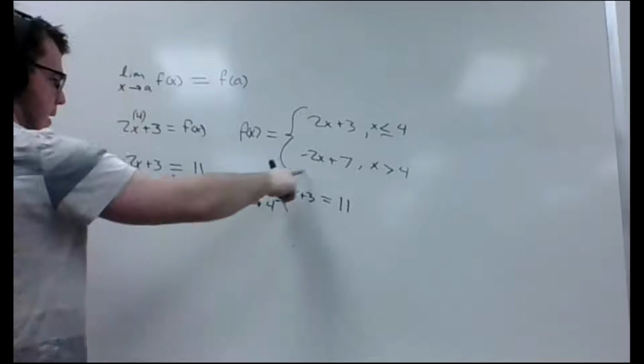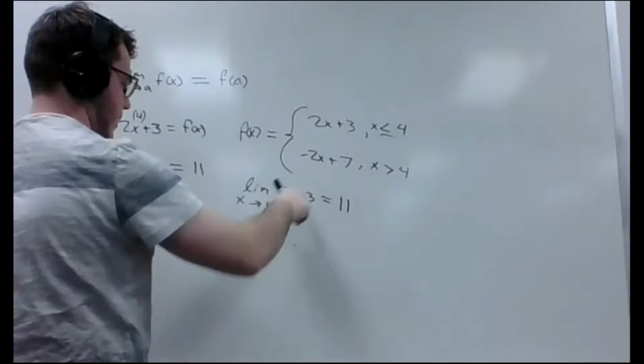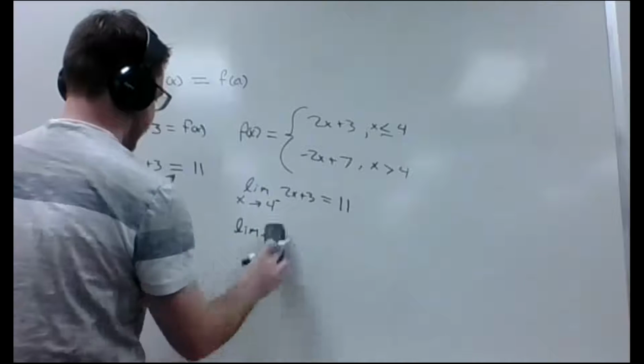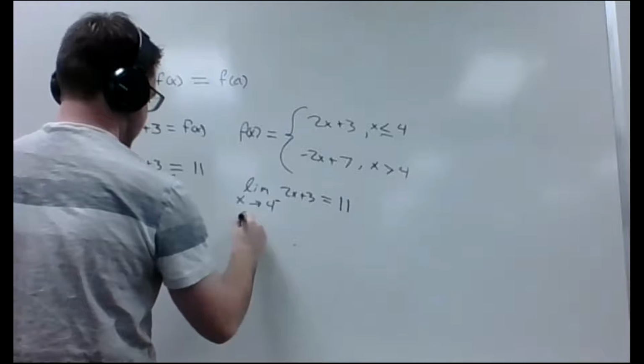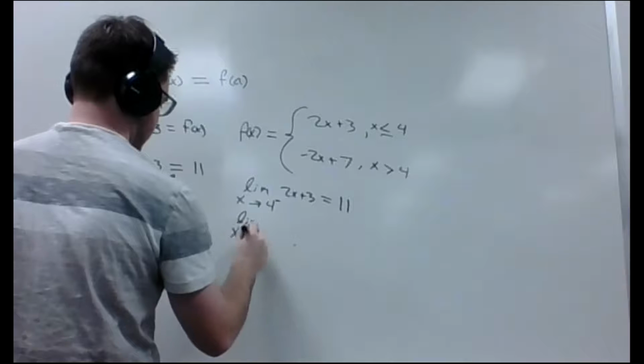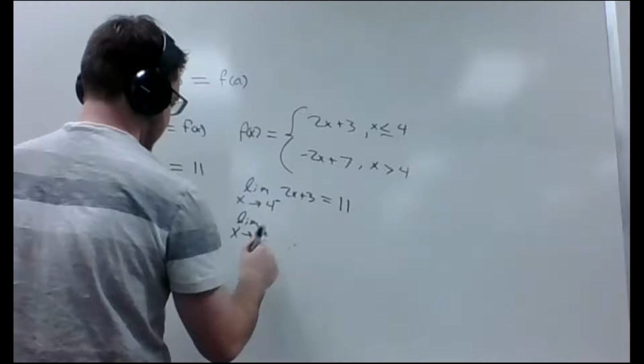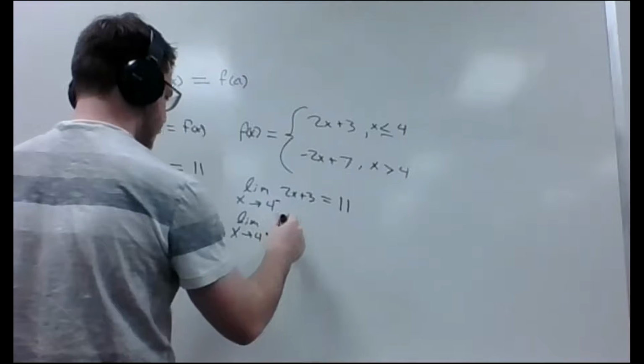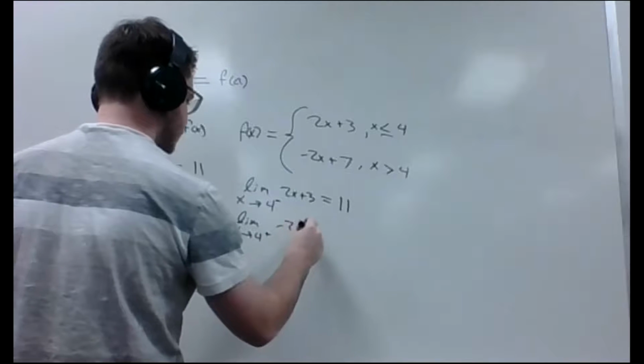How about this one, though? The limit as x approaches 4 from the positive side, what do we have? We got 1 or negative 1.